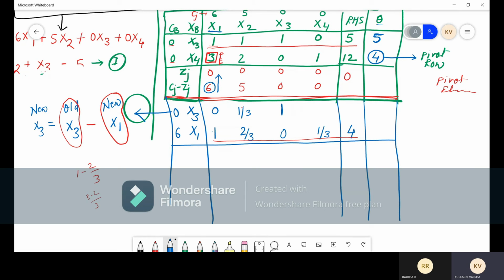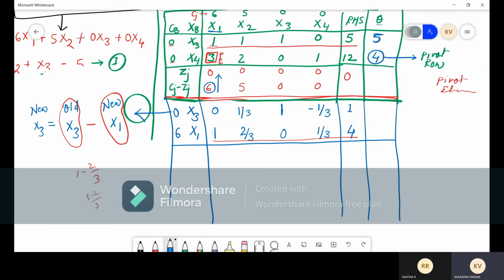Okay, and you should mention rough work at the top so that whoever the evaluator is will not consider that page; you will consider only the actual page, because you need to do a lot of calculations. Now same way, 0 minus 1 by 3 will get minus 1 by 3. And here 5 minus 4, so we'll get 1.